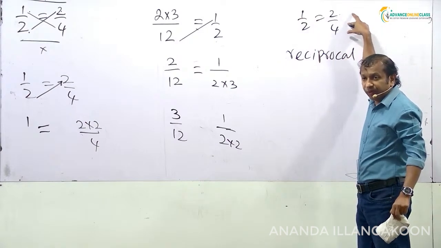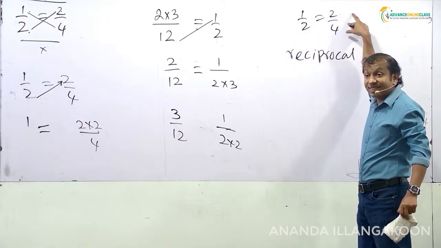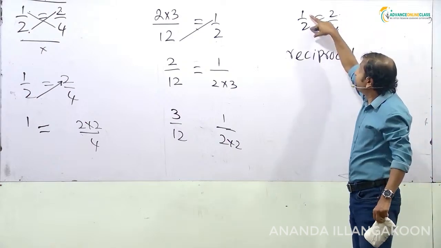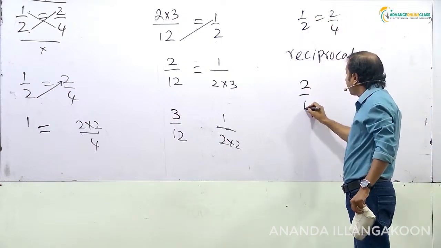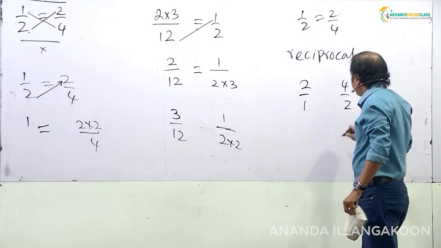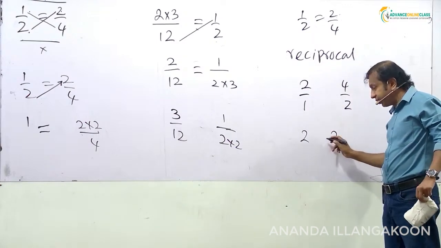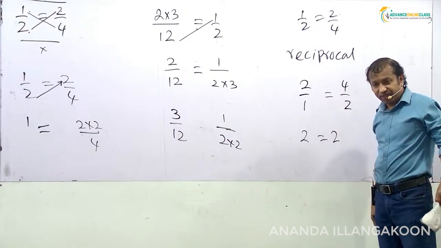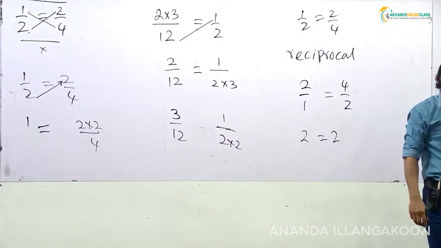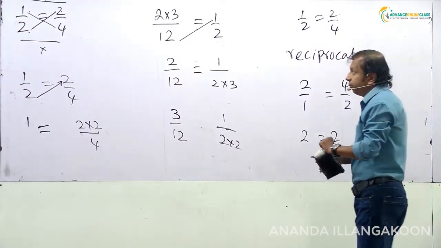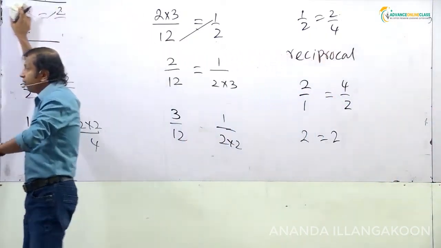After taking the reciprocals in both sides, still the new ratios are equal. See here, once we take the reciprocal of this, we get 2/1. This one, 4/2. What is 2/1? It's 2. 4/2 also 2. Still they are equal. Understand? That is another property. Okay? Both sides we take reciprocal. Right now, then, I will take down a brief note, people.